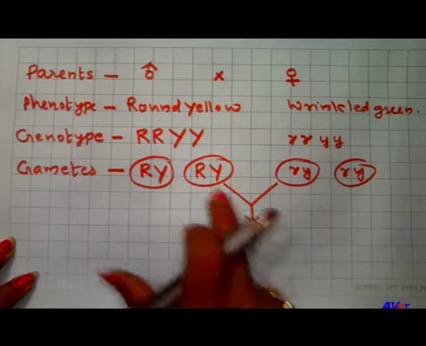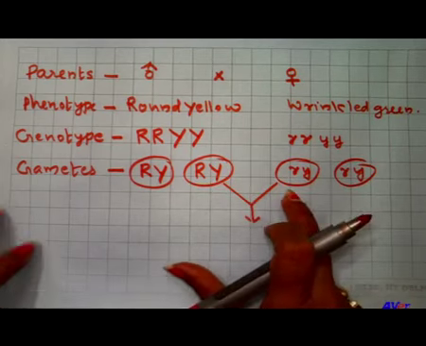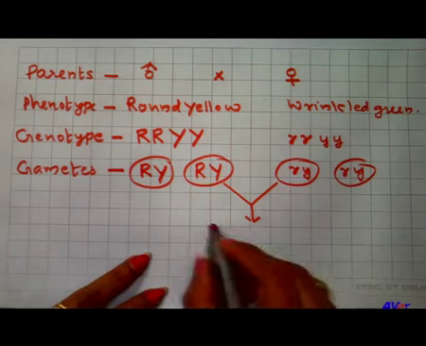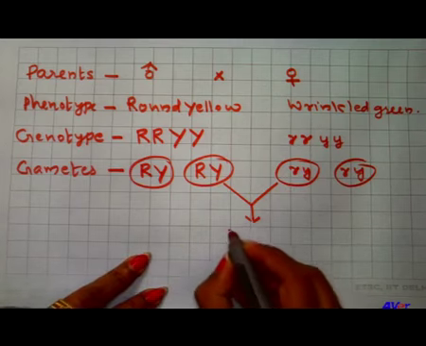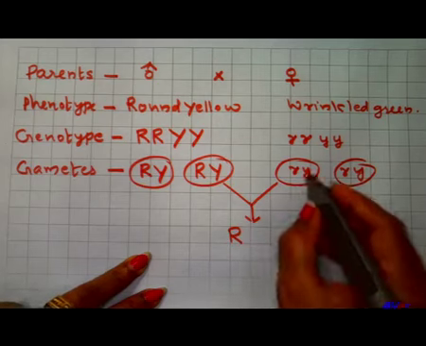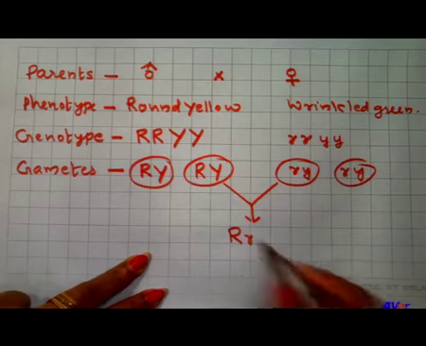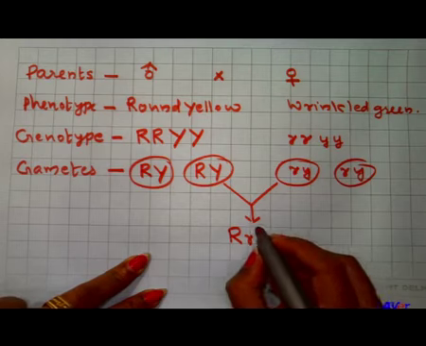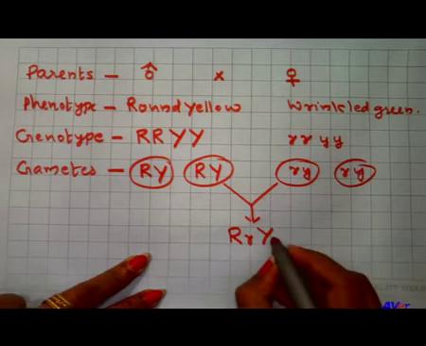Now, cross pollination, crossing, there is the production of the F1 hybrid: capital R, then we have to write the alternative letter small r, capital Y, then small y.